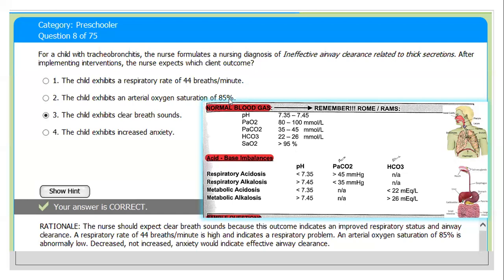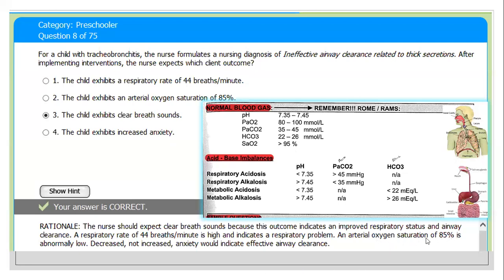My goal is to clean the secretion, remove the obstruction, right? And maintain a clear airway so that the patient can maintain the breathing. Number three, the child exhibits clear breath sound, no added sound, no wheezing, no stridor.